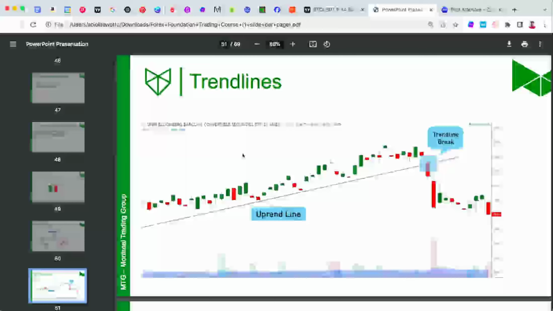So for a beginner who is looking forward to trade with a trend line, a typical example is when you draw this trend line, if it's in an upward direction, you want to look for a breakout like this that you are seeing on your chart. The trend line is for identifying the trend, to know the direction the market is moving to. But it's not sufficient for you to take a trade.